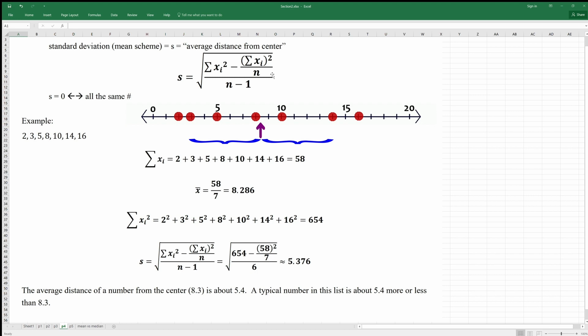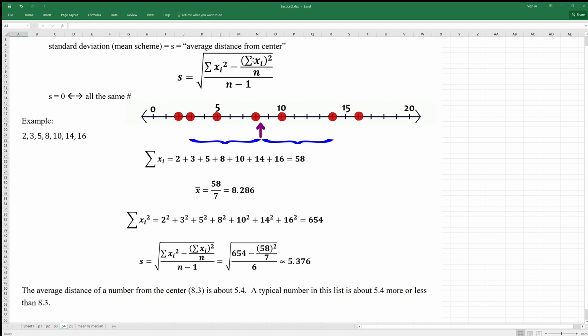So let me explain how the computational version of the standard deviation formula works. It does not explicitly use the mean, therefore you don't have to worry about whether it's a nice number or not. But the principles are the same. It represents the average distance from the mean. Start by adding the numbers up.